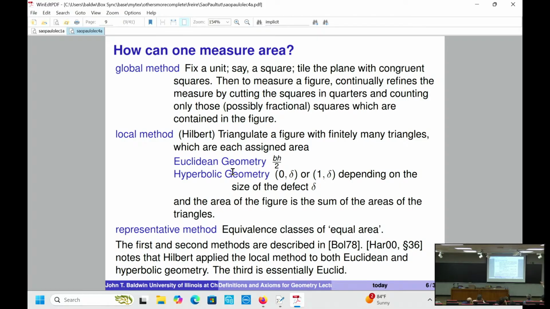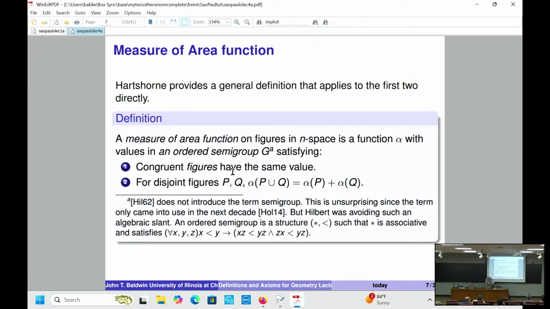And then I'm calling this the representative method. Basically what Euclid is doing is an equivalence. 2 things are equal areas if they're in the same equivalence class. And so Hilbert gives a general definition that applies directly to the first 2.